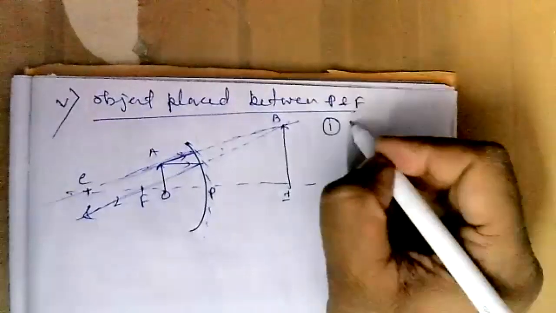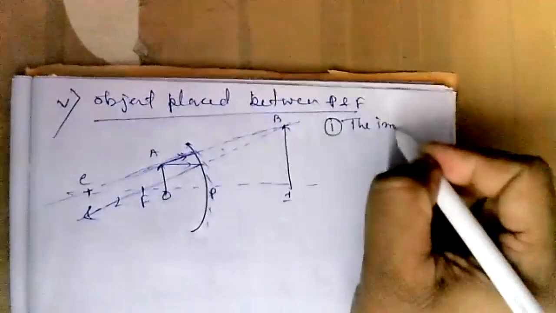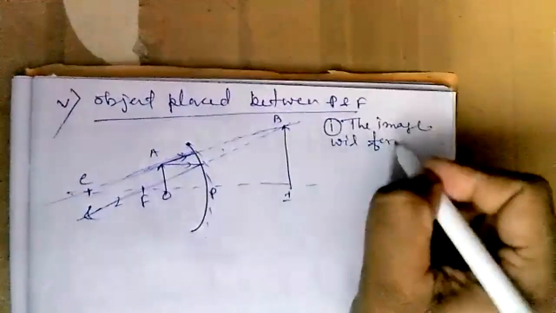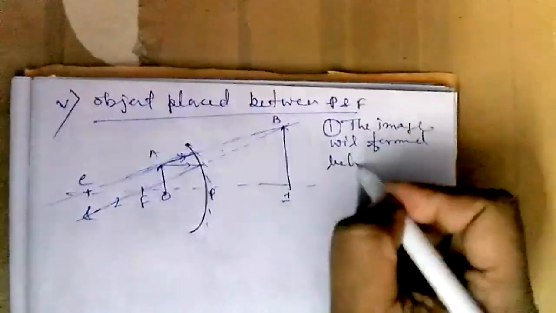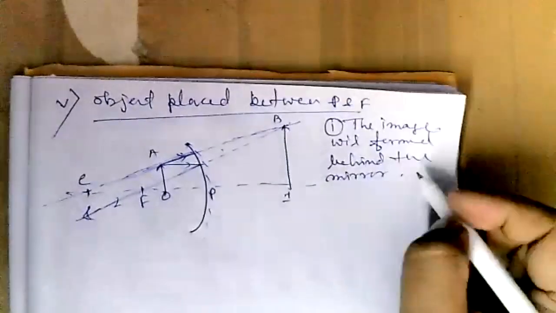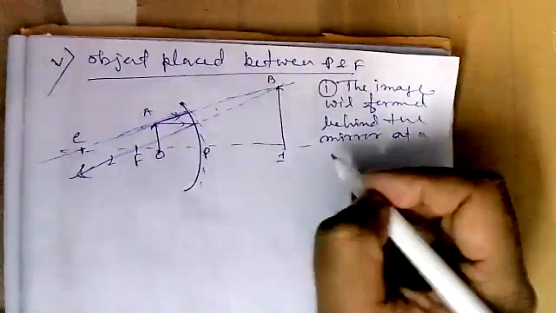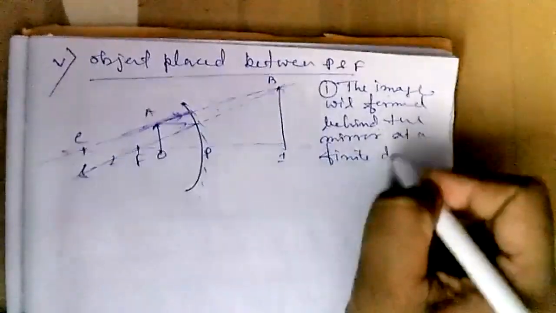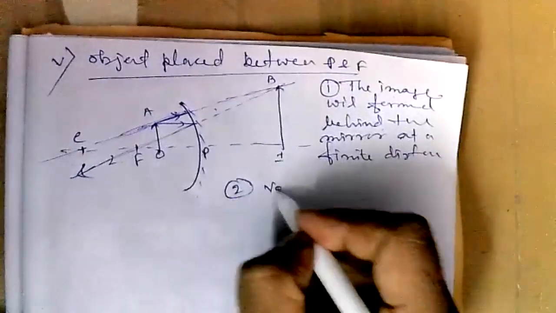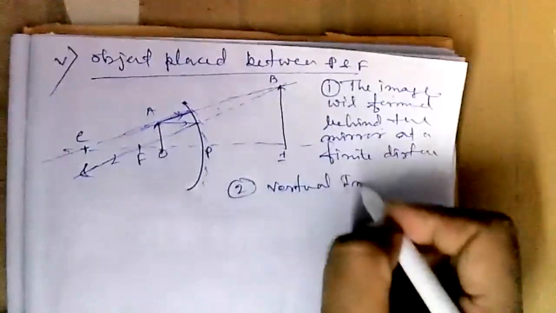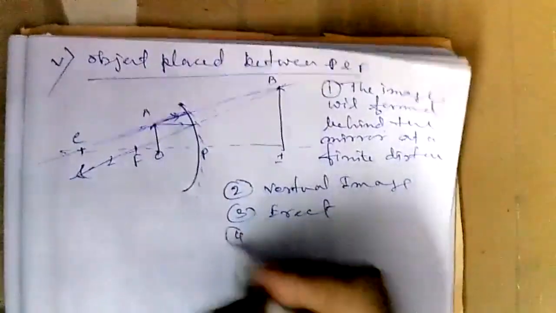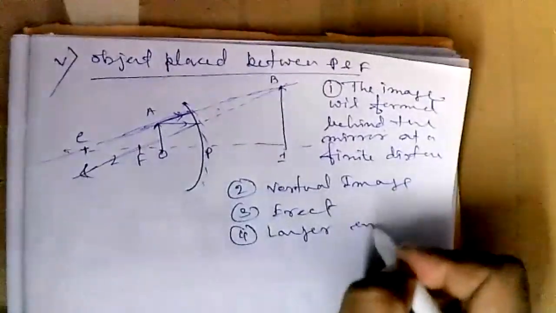Here the image will form behind the mirror at a finite distance. Behind the mirror means it is a virtual image. It is erect and larger in size.